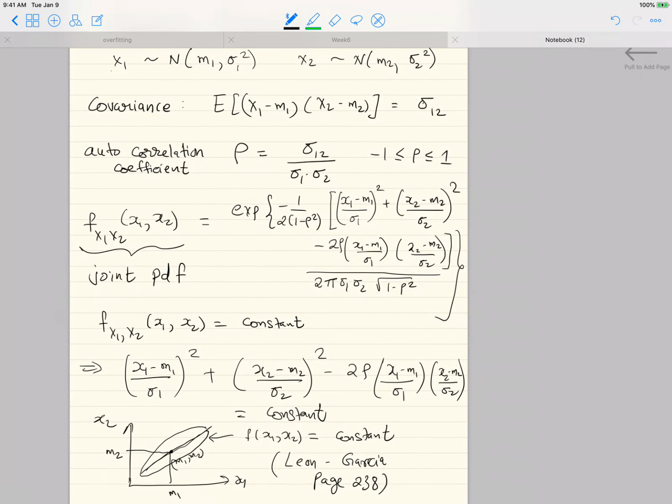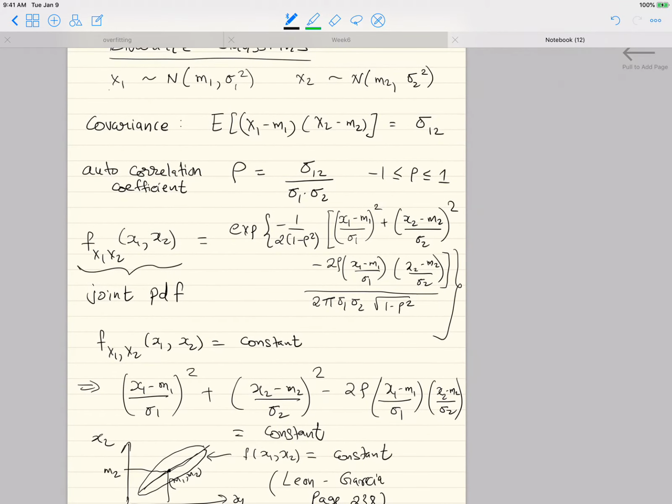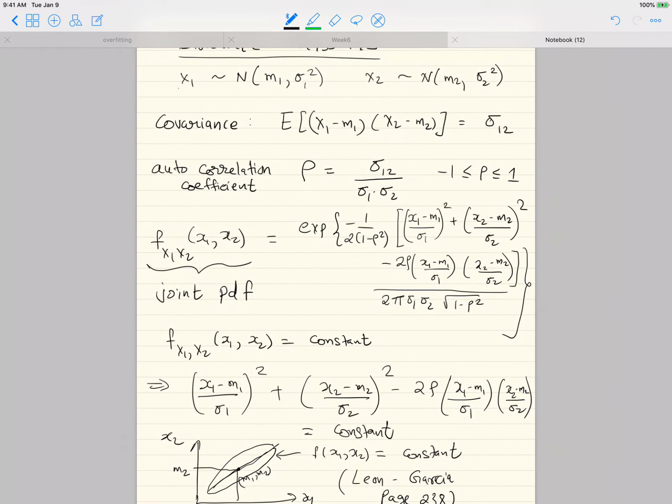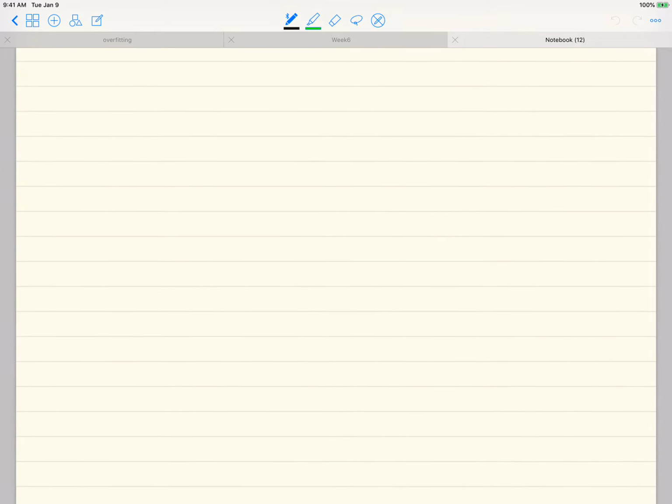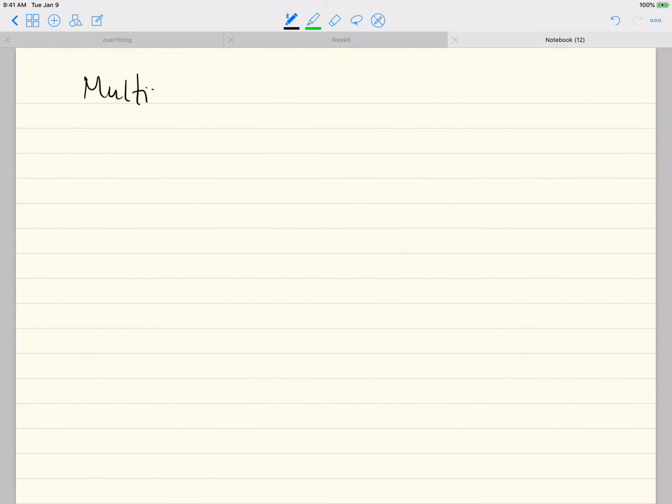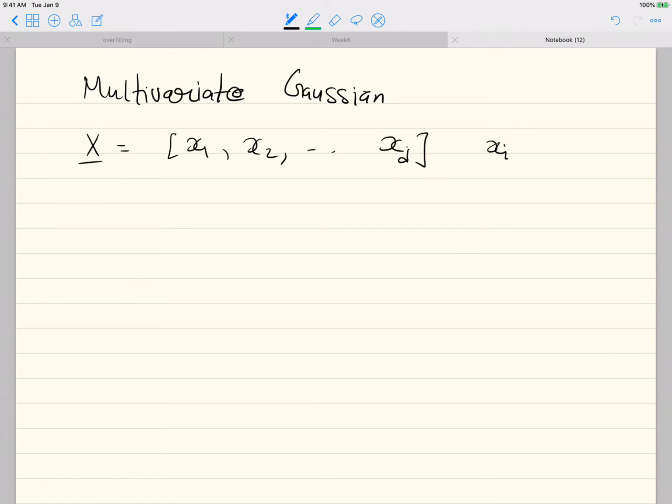Now you can extend this to multivariate Gaussians, to more than 2 random variables. Typically, we will be operating in d dimensions instead of 2 dimensions. So we have to extend this definition to a d-dimensional Gaussian vector. In this case, our vector will consist of x1, x2 up to xd, where each xi is a Gaussian, and all the xi's are correlated.